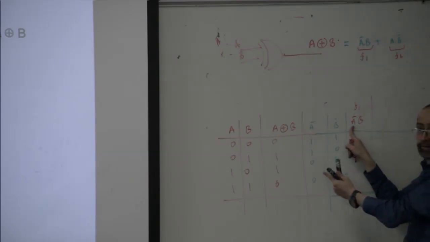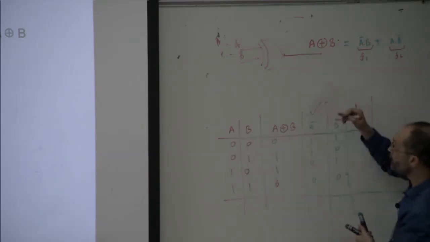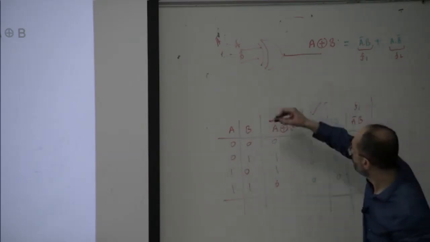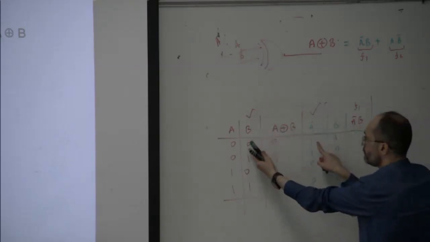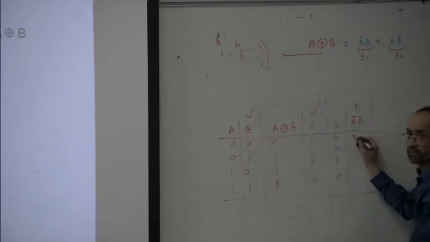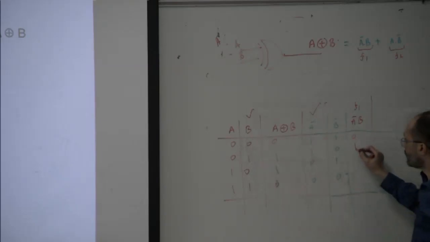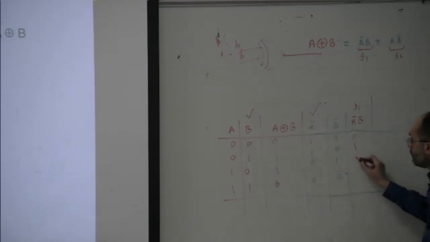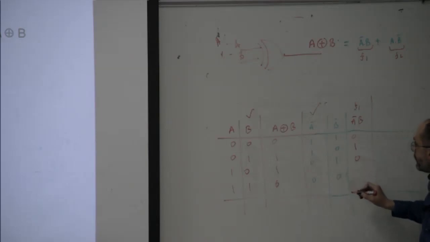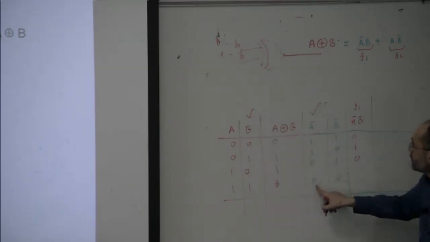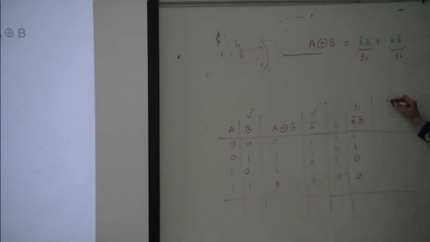Look at the corresponding column. We want to compute A bar dot B. So this column: 1 and 0 is 0, 1 and 1 is 1, 0 and 0 is 0, 0 and 1 is 0. Now we want to compute F2.